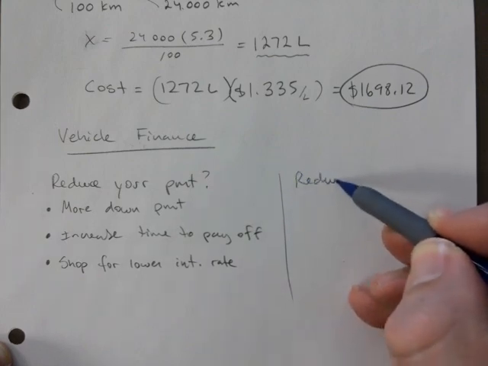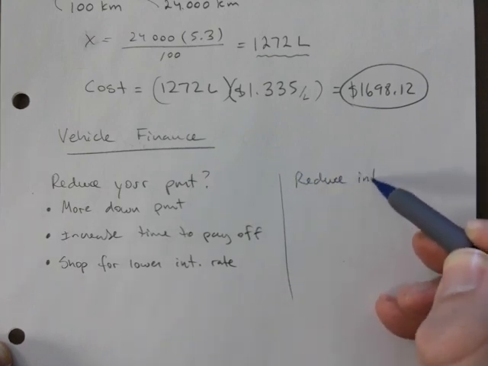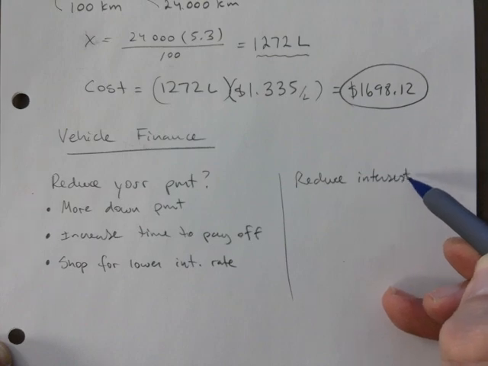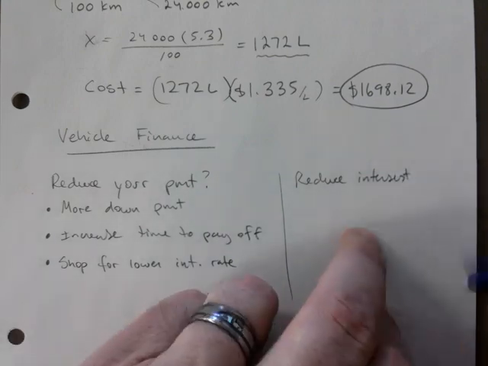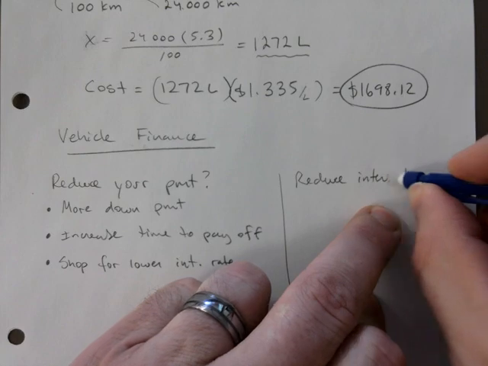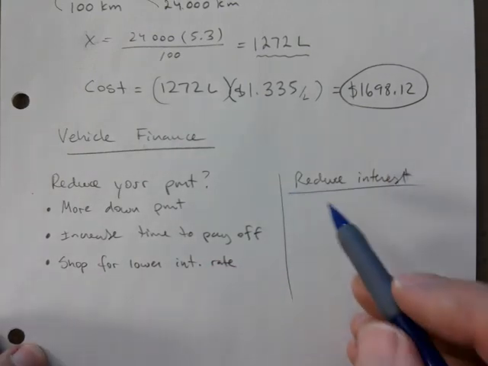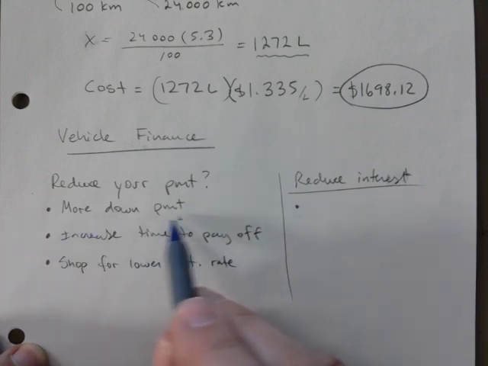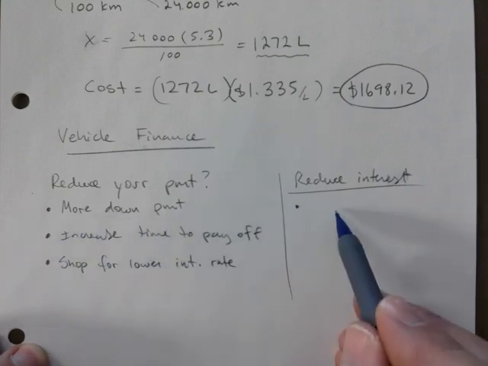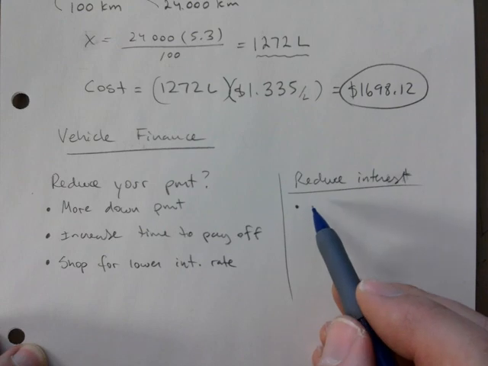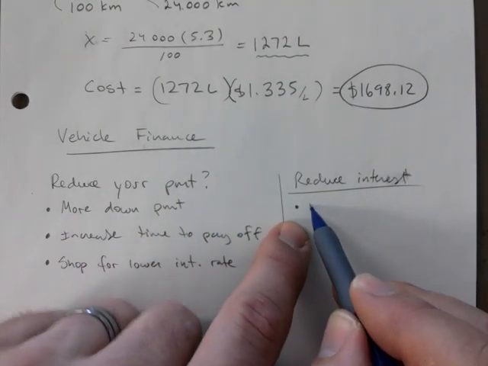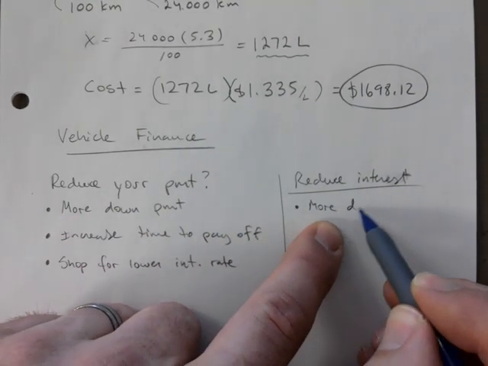How about reduce interest paid? Reduce the interest paid. Can you copy the down payment over? If you can copy this, you can say more down payment, increase the down payment.